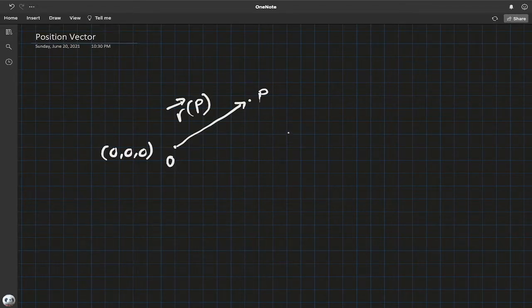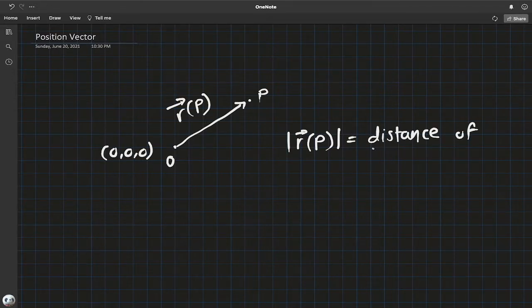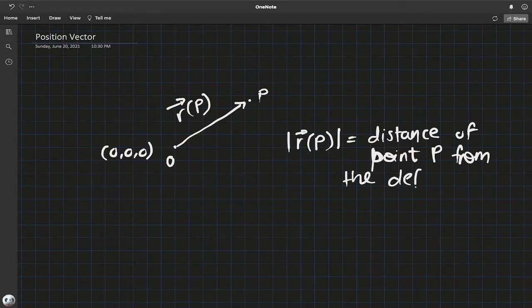And since we use this kind of representation, the magnitude of the position vector pointing at point P is basically the distance of point P from the defined origin. So you need to be clear what the origin is.